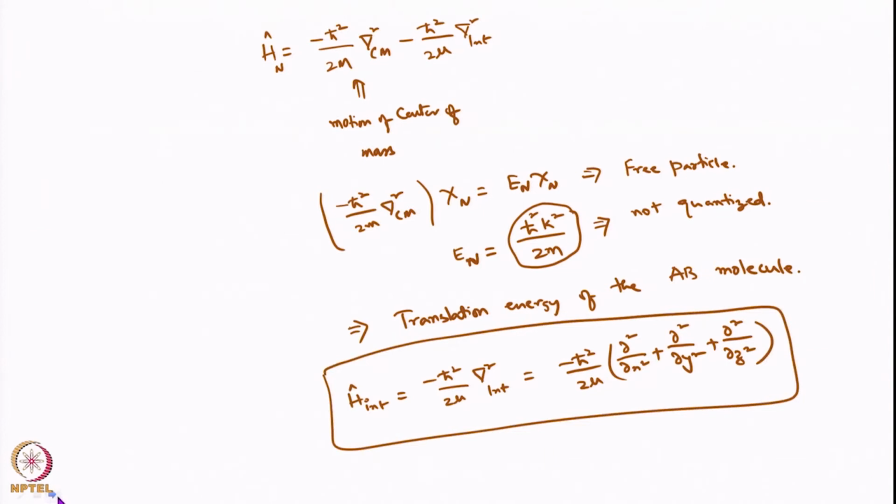So, the corresponding Schrodinger equation would be minus h bar square by 2 mu del square internal acting on some wave function, which I will call phi, is equal to E phi.